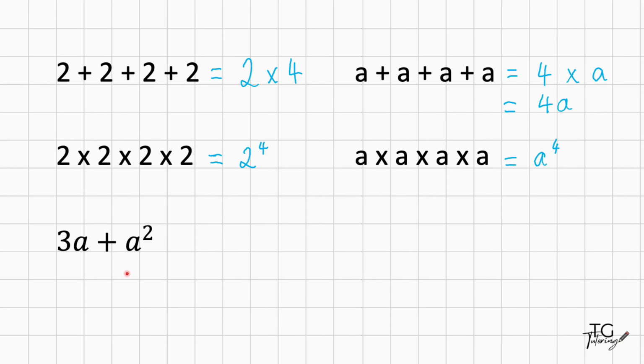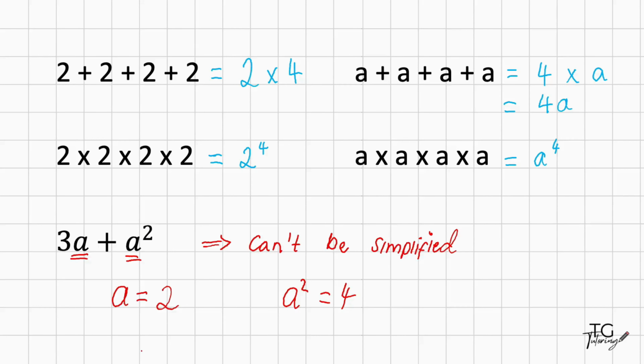We have 2 different types of terms here. So we have 3 times a plus a squared. Before, when we had a plus a plus a plus a, we could just put that together and say that that is the same as 4 times a. But here we have 2 different types of terms. So we've got 3 times a and a squared. They don't have the same value.